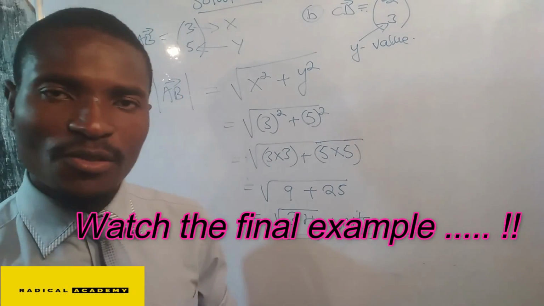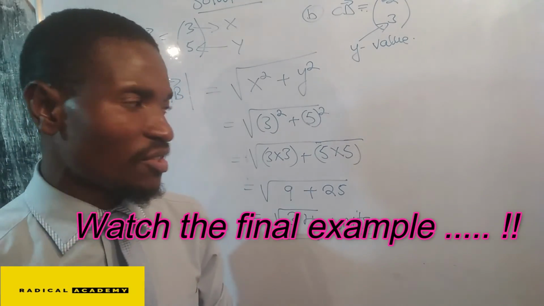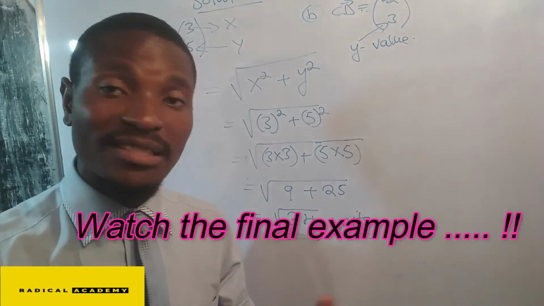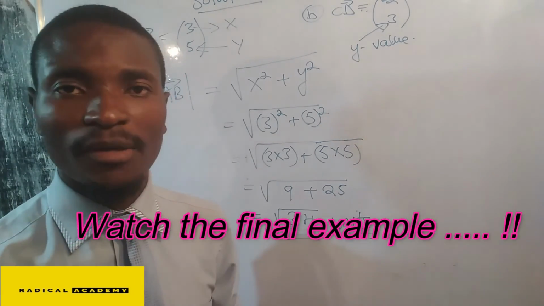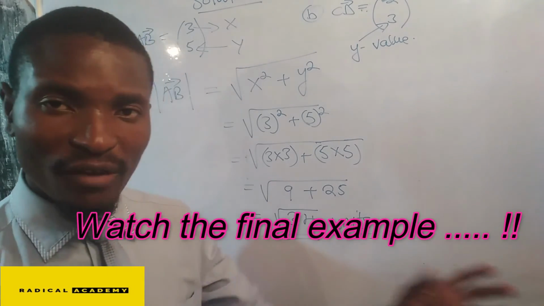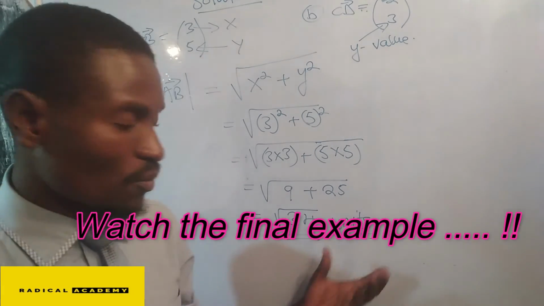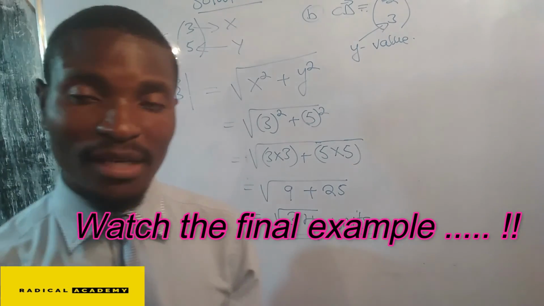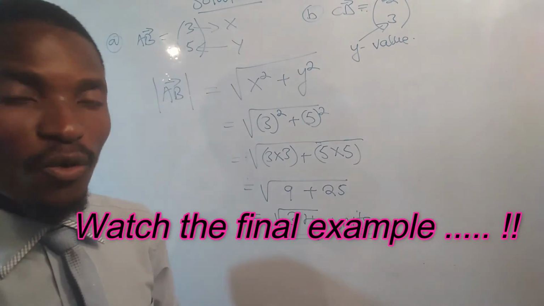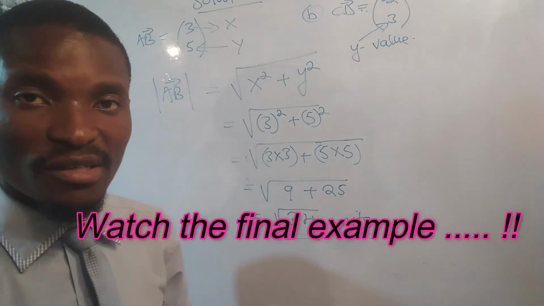Since we don't have the actual representation of the units, whether centimeters, meters, or millimeters, all you've got to do is write the word units. I hope that is understood, and this is how we can solve the magnitude of the vector.